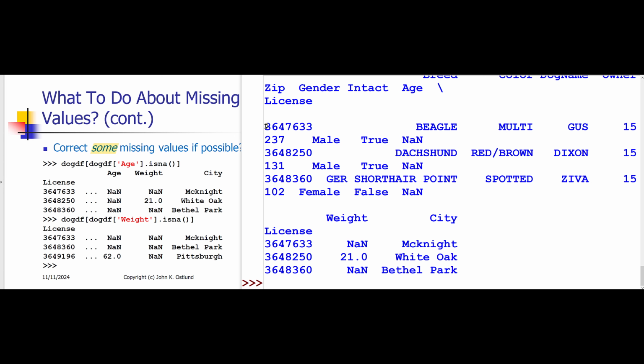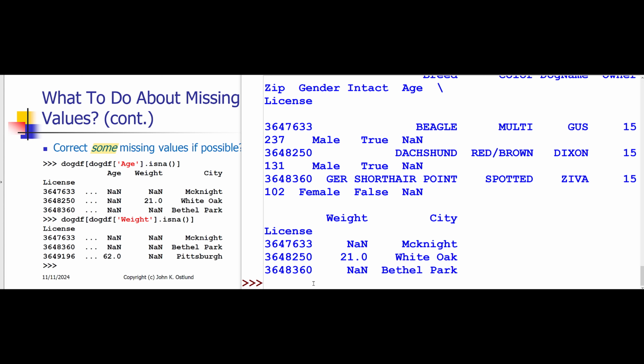Okay, I've got these 3 licenses here, and let's see. So all 3 of these are missing their age. Okay, so the age is missing from all 3 of these dogs, and the weight is missing from 2 of these dogs.